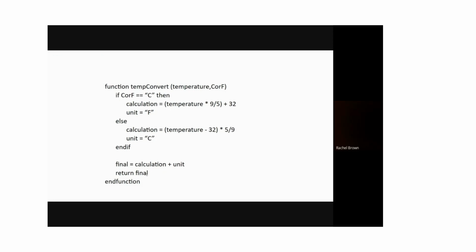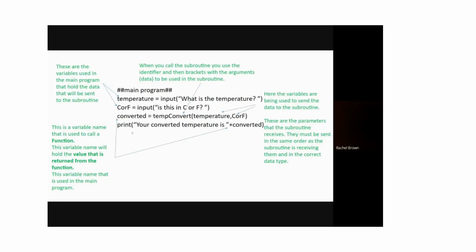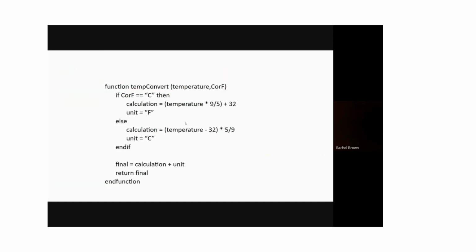So let's just quickly go back to our main program, and you'll see now that if I'd put, I don't know, maybe 62F, we're sending it through to temp convert, we're sending that 62 and the F through to it. And so therefore it's coming into here, 62 and F. It's looking through here and it's like, well, okay, I haven't sent it as C, I've sent it as F. It's doing the calculation, and maybe 62 would become, I don't know, maybe 30.